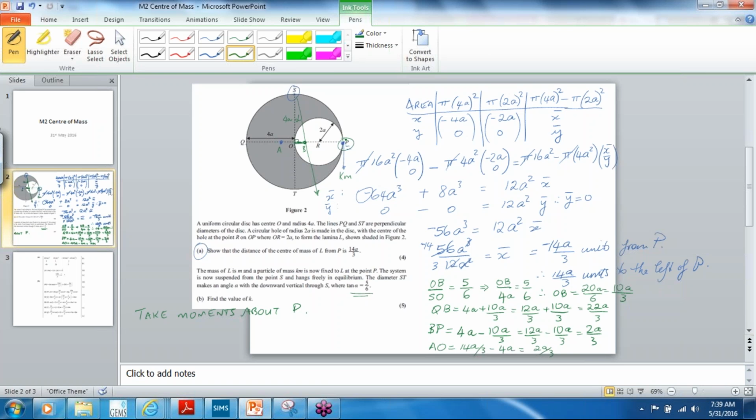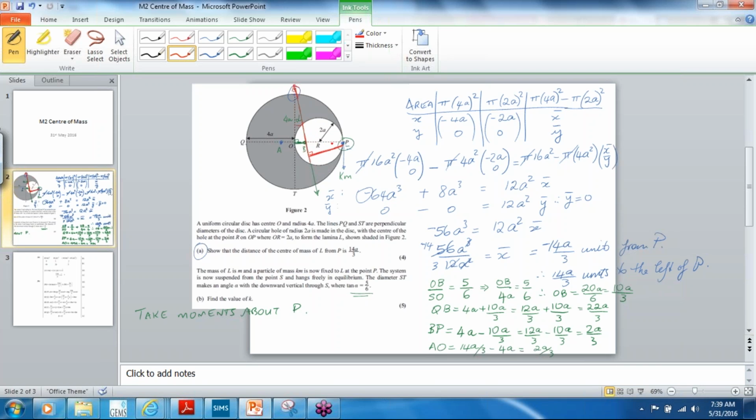If we took moments from here as it's hanging, there is this force up where it's hanging in that direction, and that is going to be at this distance from P. Now you see, here is where we have to know our angles.